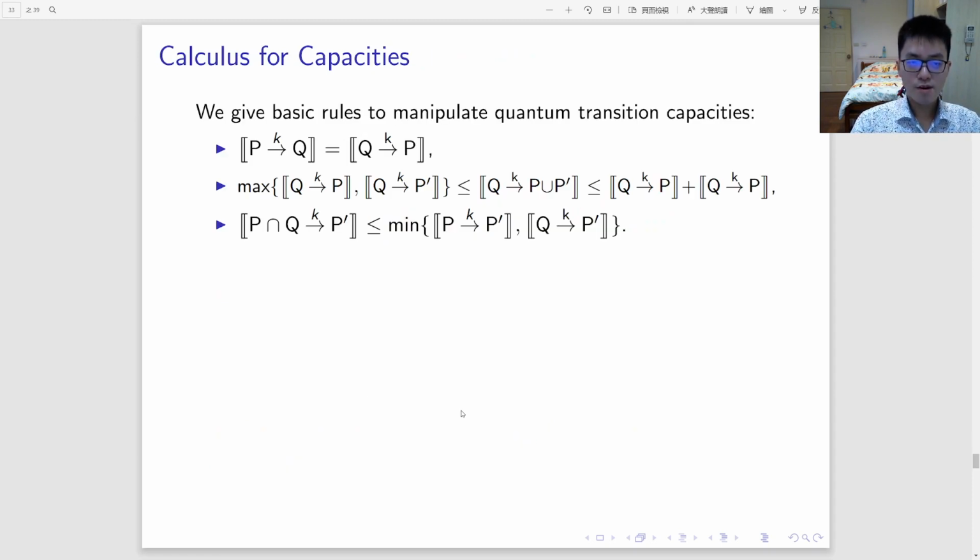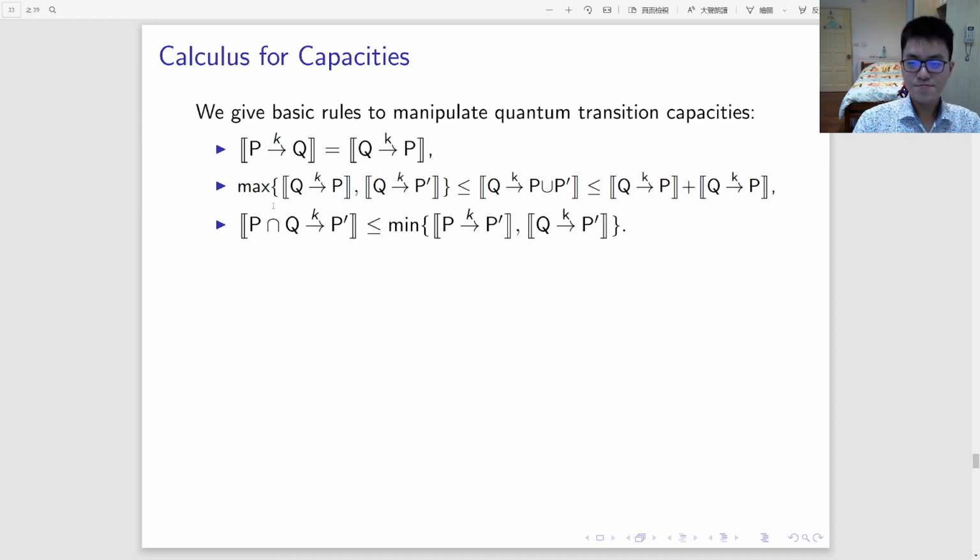That's why we are giving a calculus for the capacity. For example, we are giving basic rules to manipulate the quantum transition capacities, such as, first, the transition capacities are symmetric because we can always uncompute the oracle query.